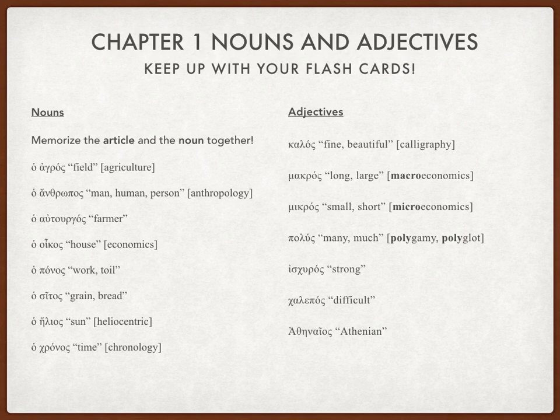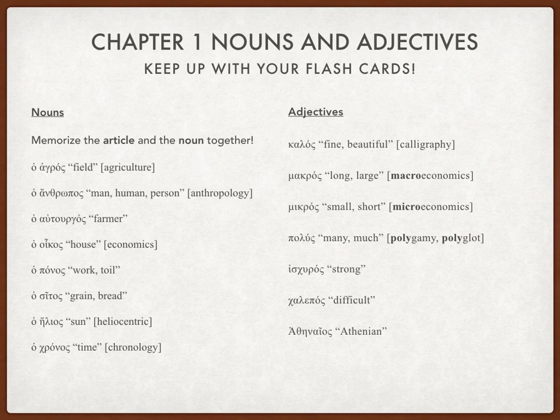The article is going to tell you what the gender of the noun is. It just so happens that all of the nouns you're getting in this chapter are masculine. We know that because they use the definite article ho that you can see there, just the omicron with rough breathing. That tells me all of these nouns are masculine in gender.